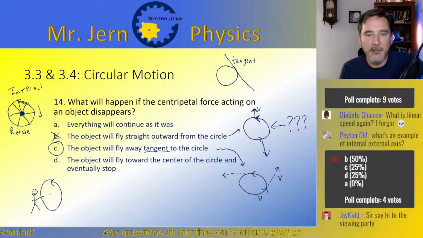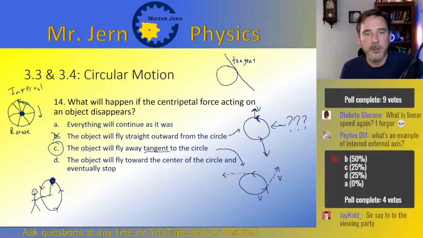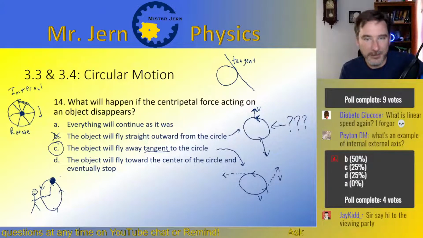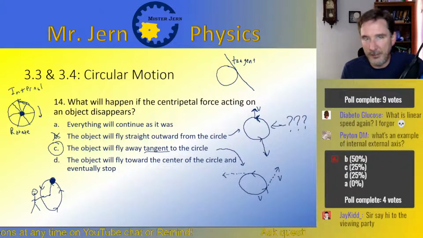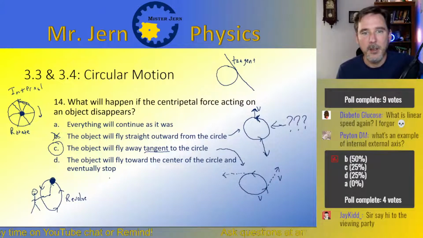They've got some object here on a string, and they're holding it right here, and so the object is revolving around an external axis. The axis itself is not part of the object. The axis that this thing is spinning around is outside of the object. That's revolving. Okay, my high quality drawings here.